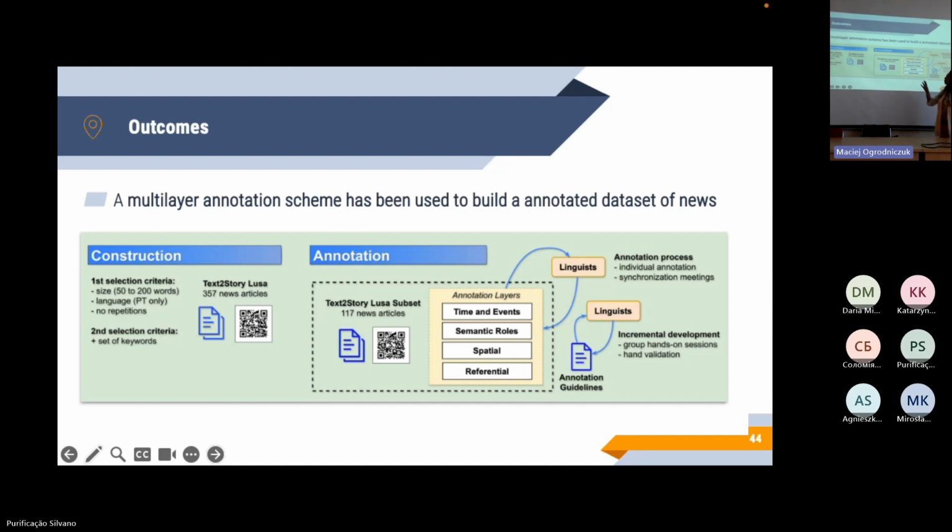So first we selected some news that were given by them. First we established the criteria for the news. We didn't want very lengthy news because of the annotation overload, but we also did a first query, and we identified some features of narratives that could help Lusa send us the most adequate text.